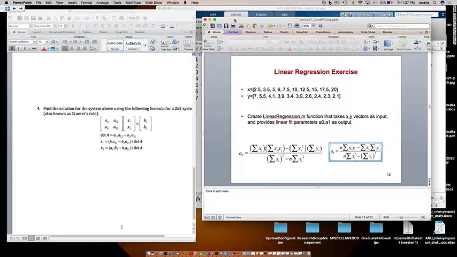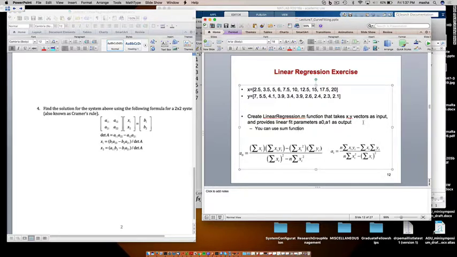In the first go, use the sum function. You can use the sum function to get these sums, as long as you know what you would do if you didn't have the sum function.